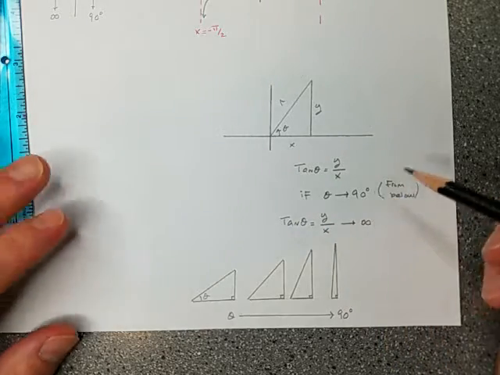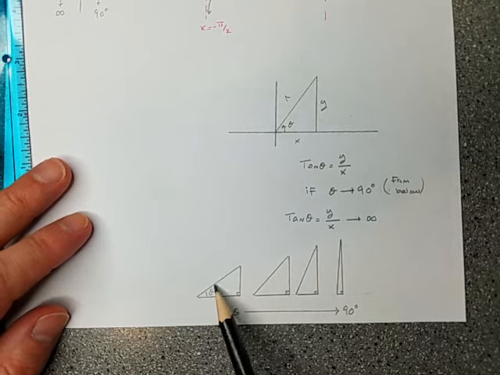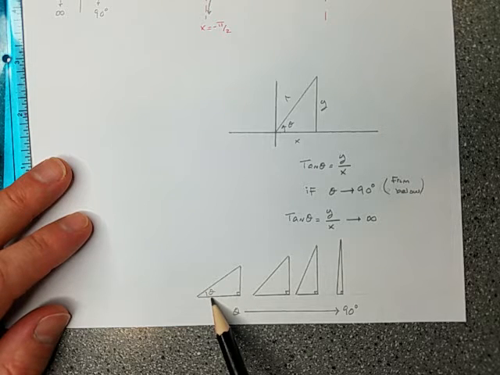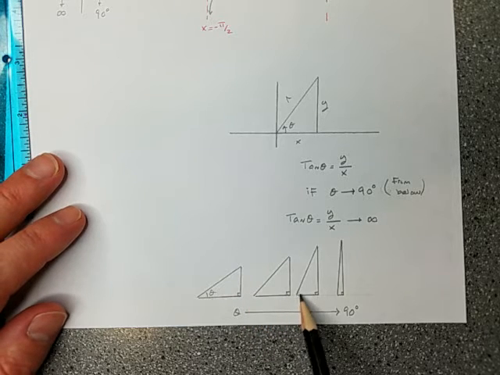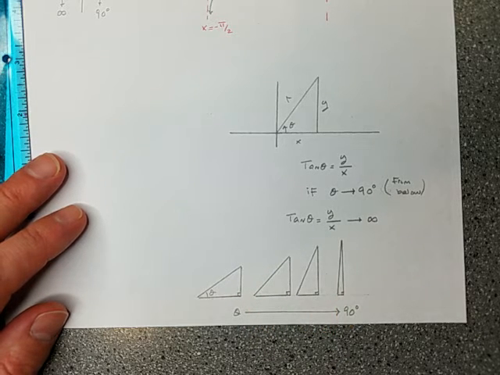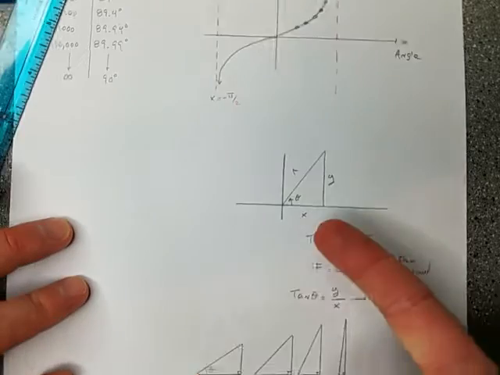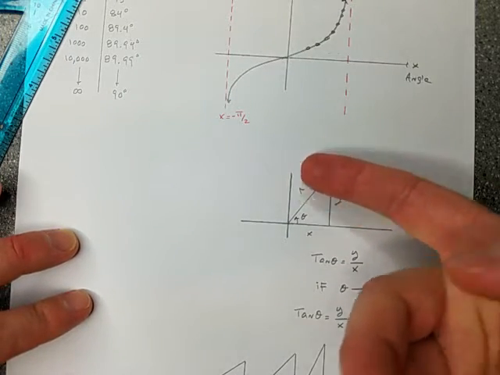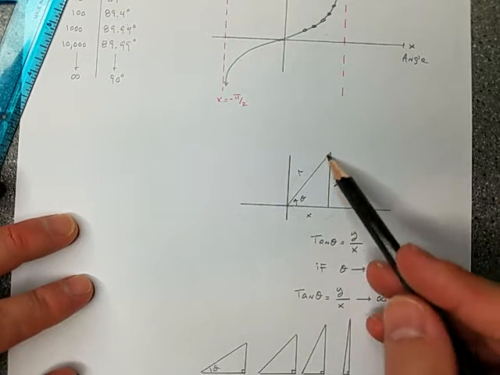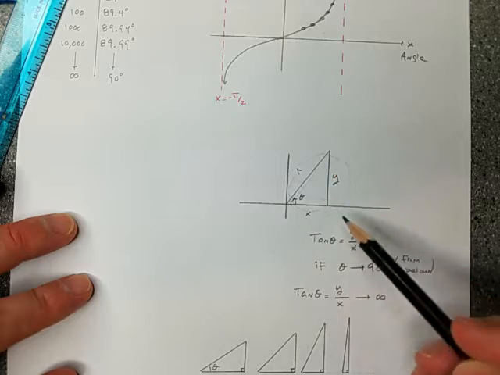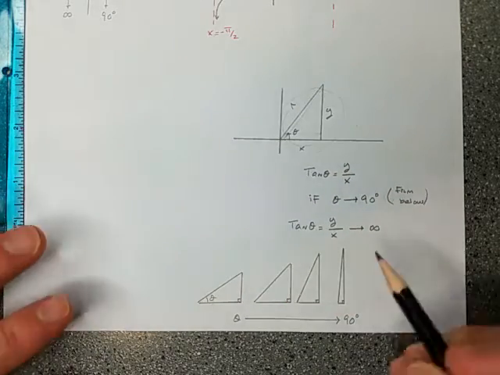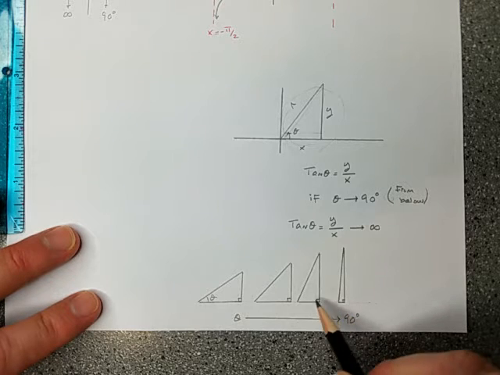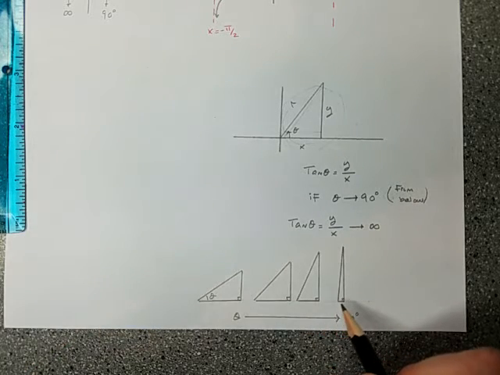And the reason is, think about it. Say I push that angle to 90, then the triangle will look like this, to this, to this, to this. That's what it's going to look like if I push this angle to 90. That triangle you see here connecting these sides is going to get taller. It's going to look more like that. The x side is going to go away. It's going to shrink to 0, in other words.